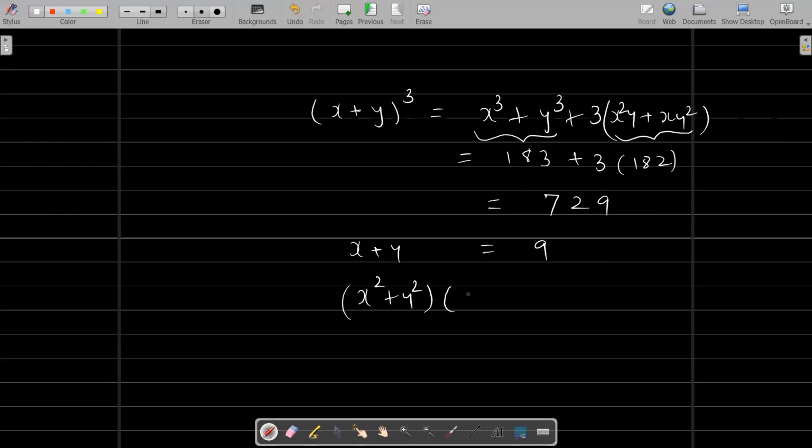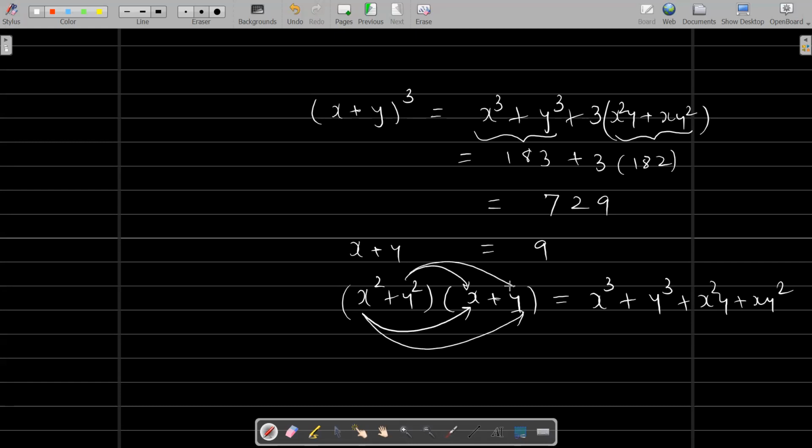So x square plus y square into x plus y is x cube plus y cube plus x square y plus xy square. Is that right? Multiply every term into every term: this into this, this into this, this into this, this into this. So I get 4 terms: x cube, y cube, x square y, xy square.